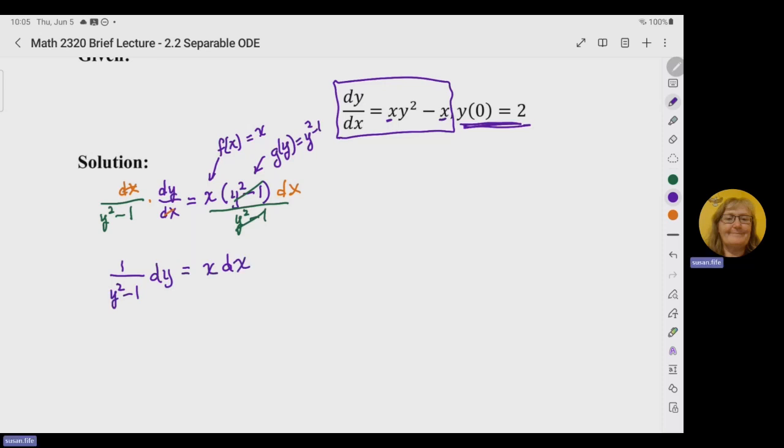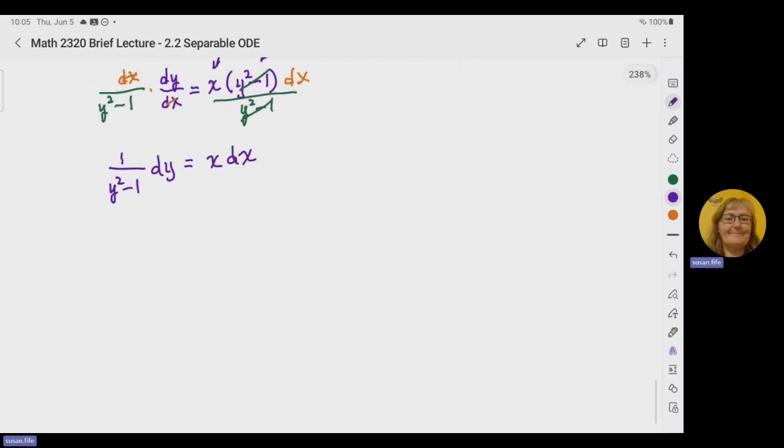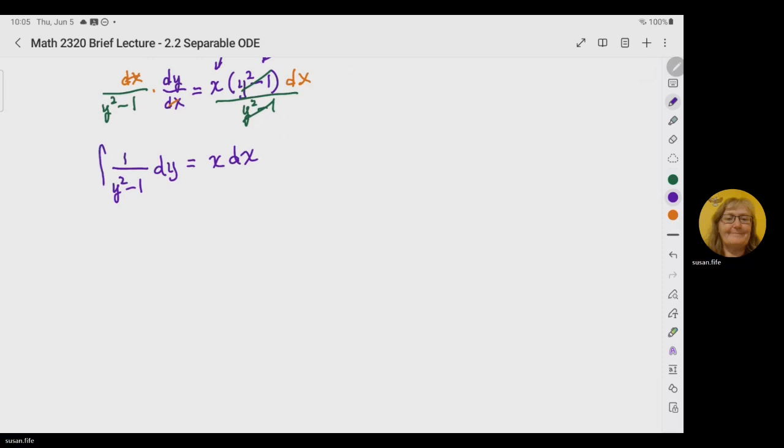So all the y terms are on the left side of the equation. All of the x terms are on the right side of the equation. We can solve by integrating both sides of the equation. And then on the left side, I have this integral 1 over y squared minus 1.